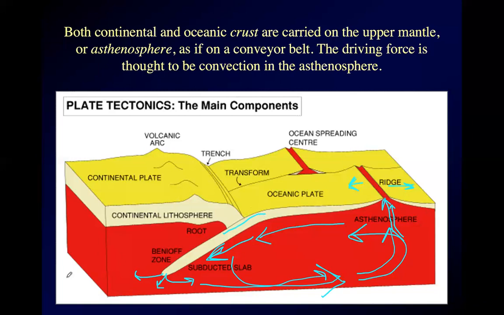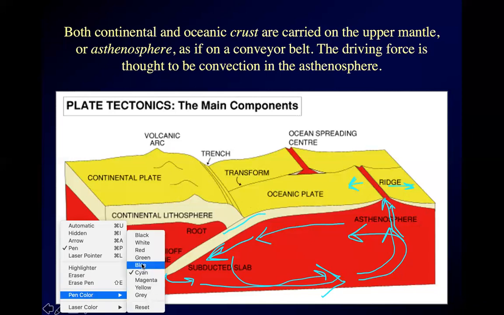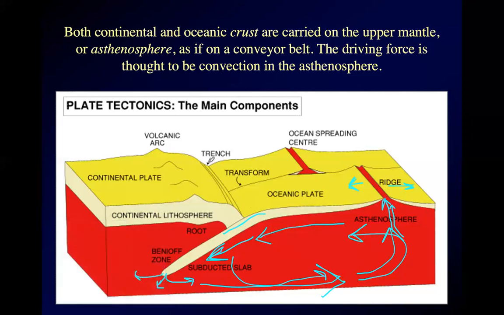But as this plate sinks, what we get, let me get a more contrasty color here for you, is a trench on the bottom of the ocean. These are the deepest parts of the ocean.